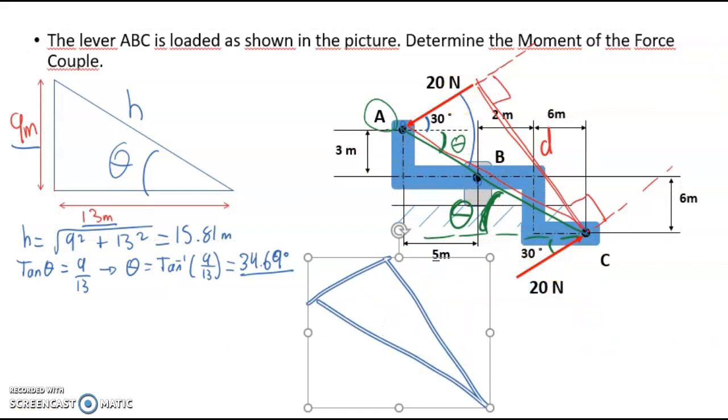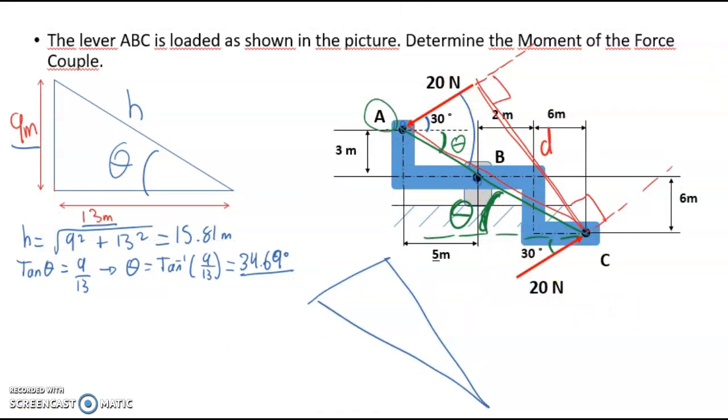We know that this triangle will have 30 degrees plus theta. We know this h is going to be the same as for this other triangle. That means the combination of this h and this angle can give me this distance, the one perpendicular to both forces.